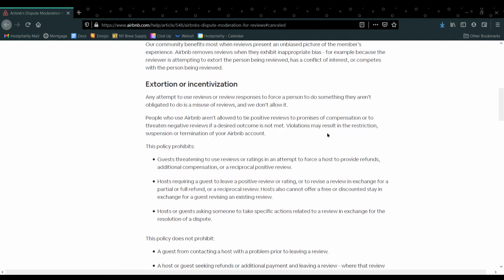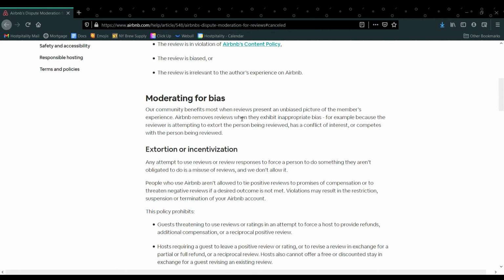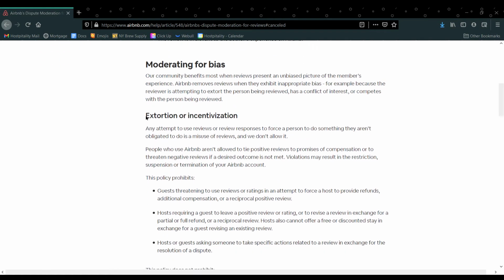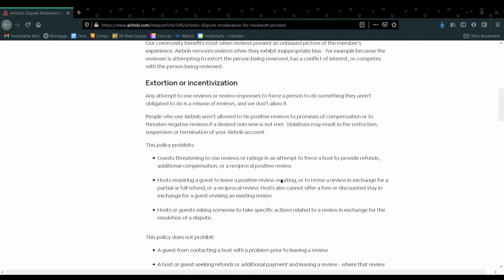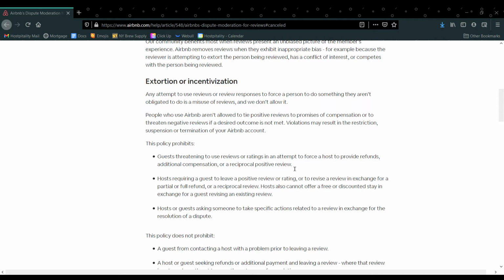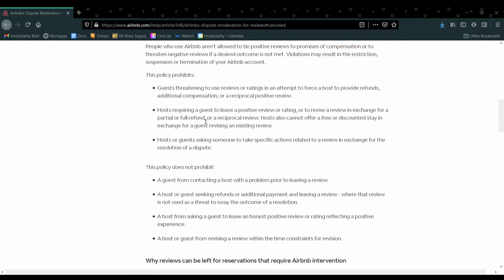A review can be biased if someone is extorting you, trying to get something out of you for that review, or incentivizing you to provide a review in exchange for something.